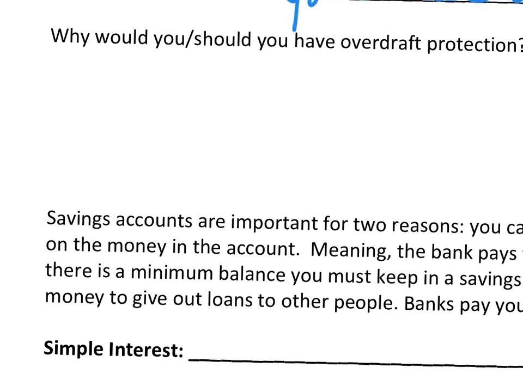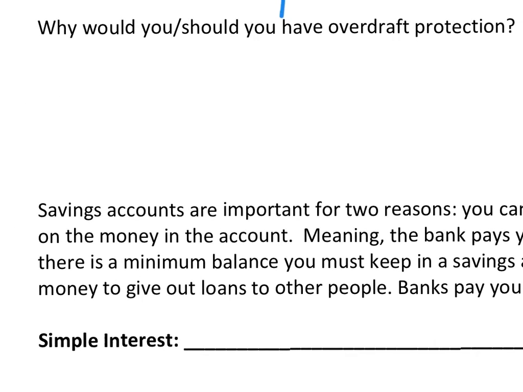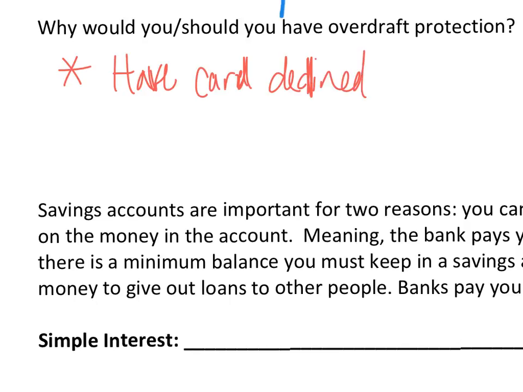So one way that we can protect ourselves from overdraft is to set up on your card the ability to have your card declined. Oh my gosh, can't write. Have card declined.